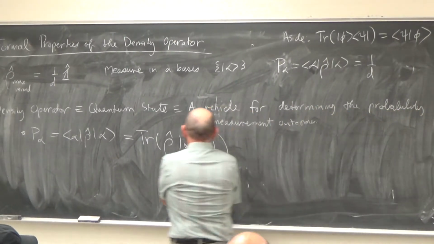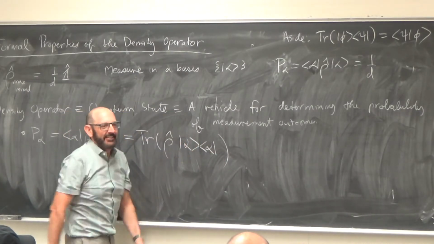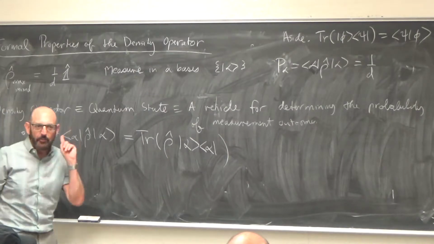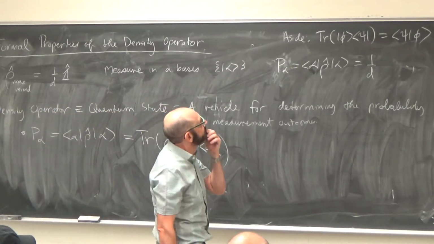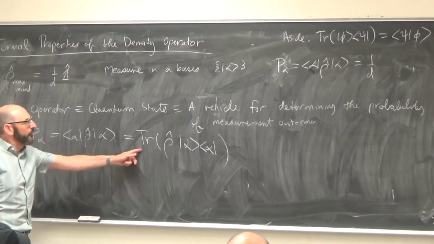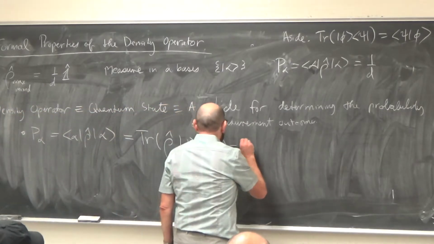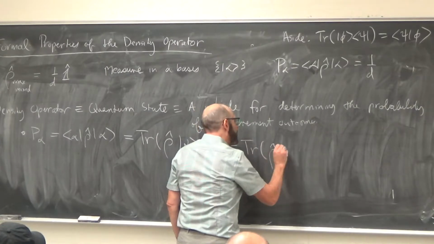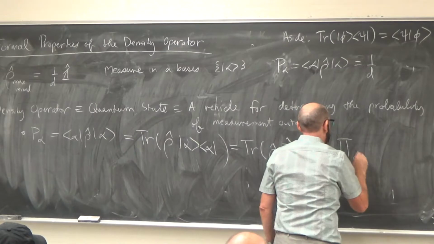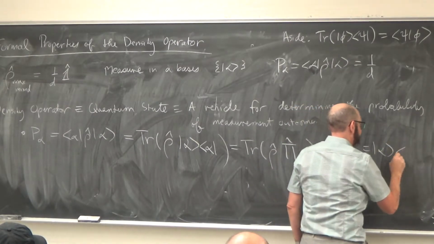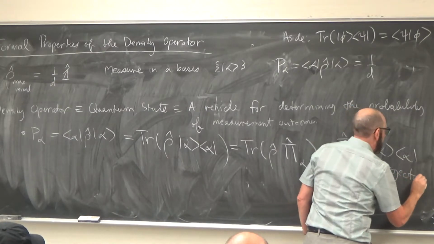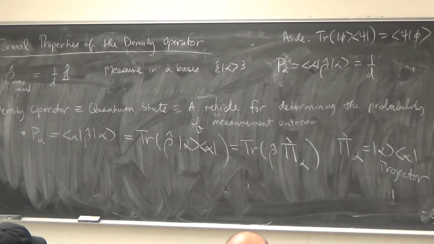So that's how I find the trace. It takes an outer product to the inner product in that way, always. Okay. So this is one form. We can think about this as the trace of rho with a projector onto that direction in Hilbert space.